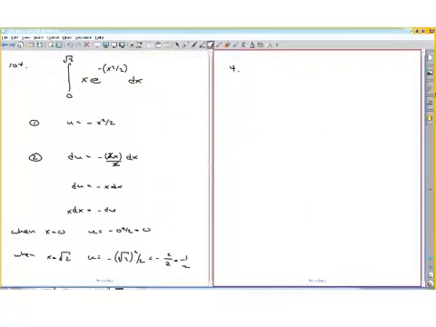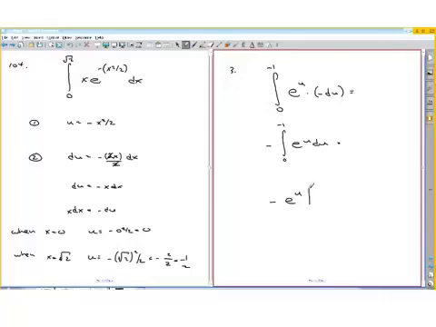So I can make substitutions into the original integral now. It becomes the integral from 0 to -1, those are the u limits, of e to the u times, okay, x dx is negative du. So we factor out the negative sign, and we integrate from 0 to -1, e to the u du. The integral of e to the u is e to the u, so we get negative e to the u evaluated between 0 and -1.